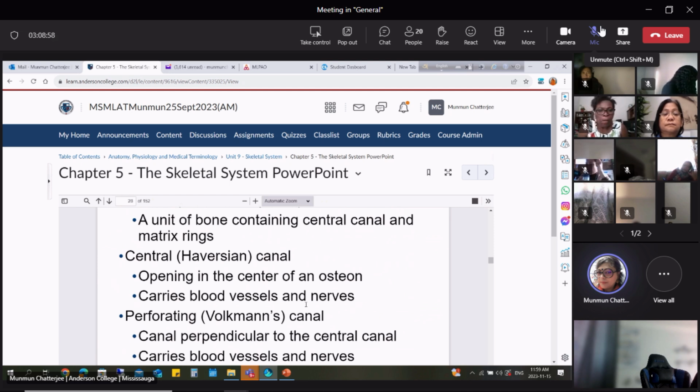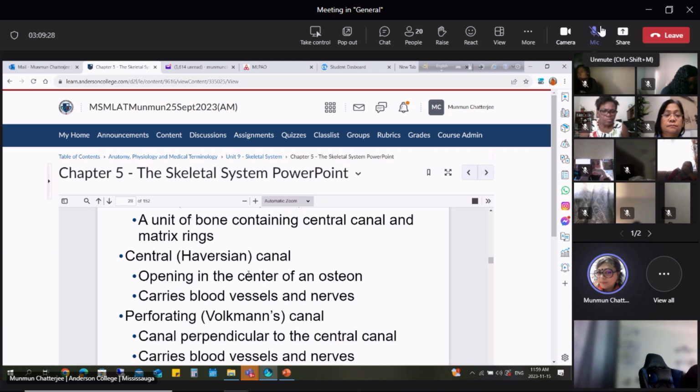So inside the bone there is spongy tissue, and the part at the center with the central canal is called the Haversian canal. It is the canal through which the nerves and blood vessels pass.